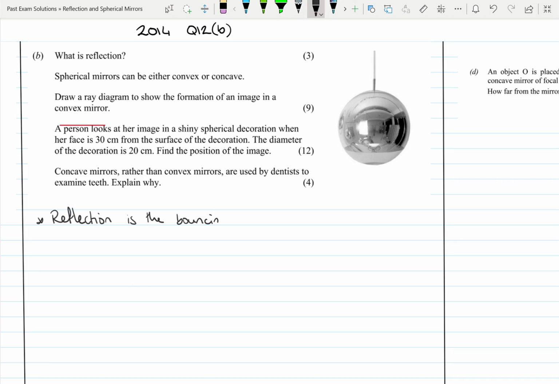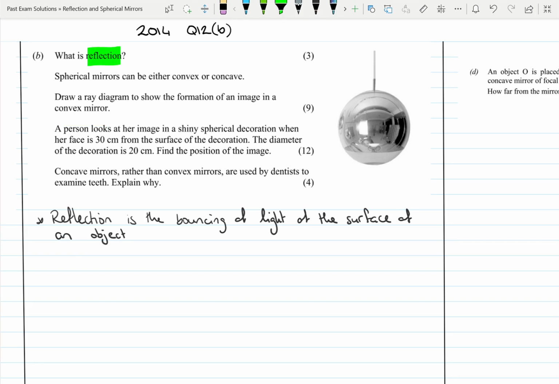Reflection is the bouncing of light off the surface of an object. Okay, that's our first 3 marks on reflection.